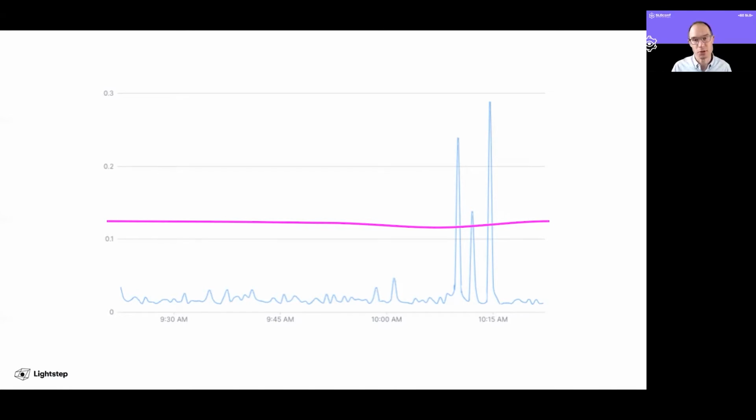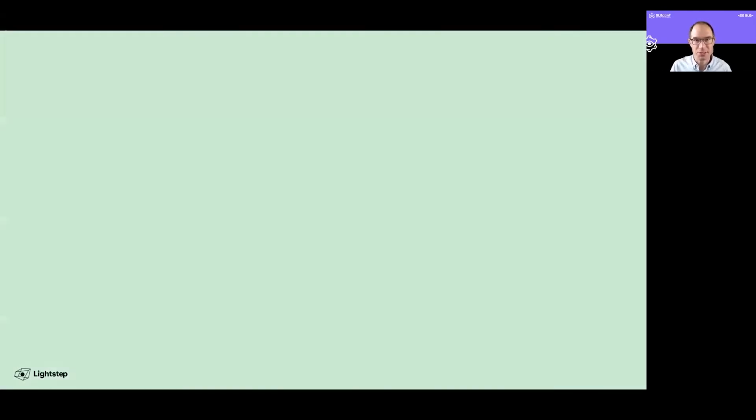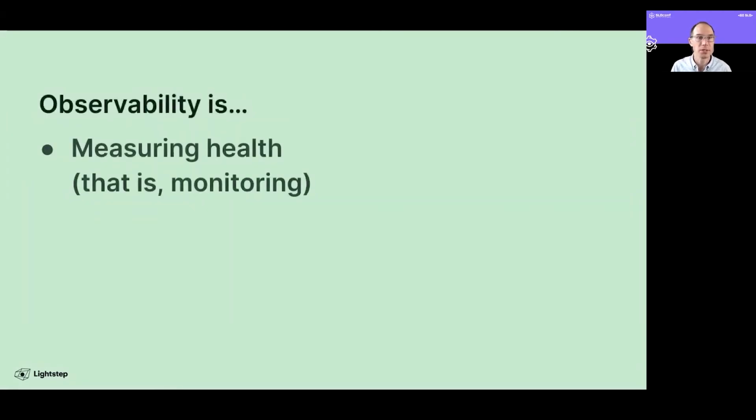So how can observability help? Let me take a minute and define observability. I think of observability as having two parts. One of those is something that I think everybody does pretty much these days and has done for a long time, which is to monitor the health of their systems, both the infrastructure, the databases, the VMs, and the application services themselves. And this is monitoring.